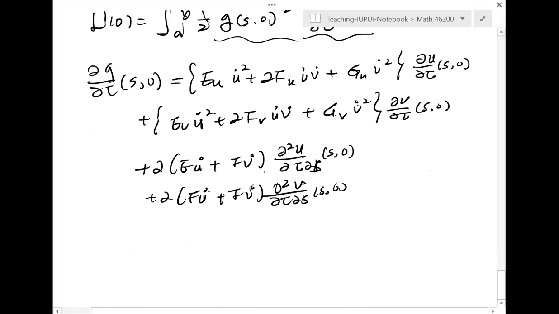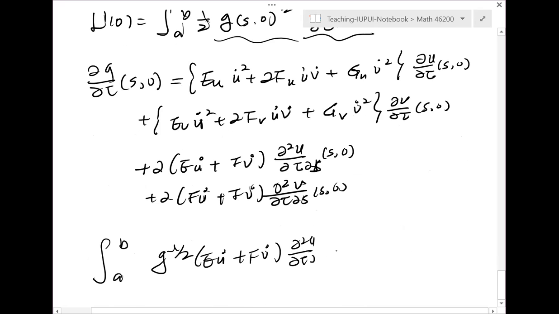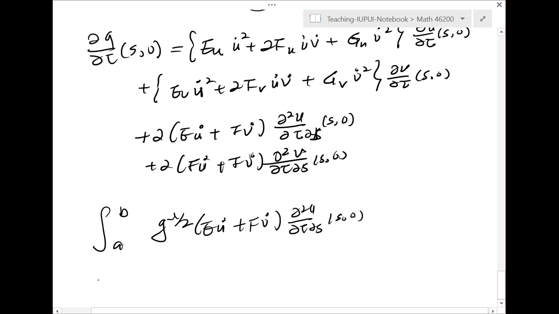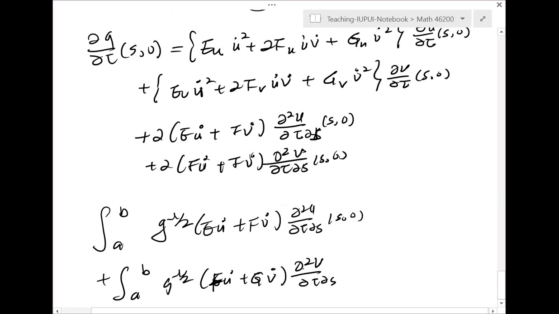So then you have to do the integration by parts. I need to look at this G to the -1/2, E U dot F V dot, right? I look at this term, and I have another term here, F and G V dot.